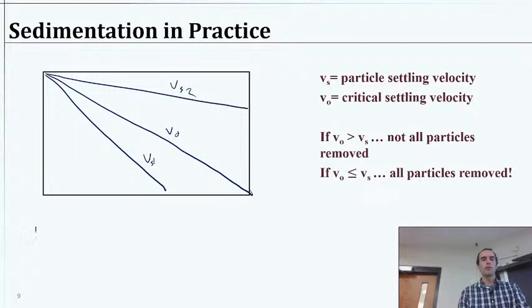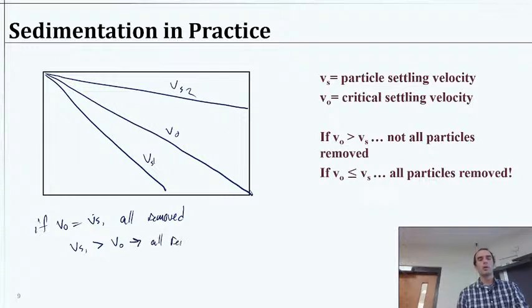So if V naught equals Vs, all removed. And then we could say since Vs1 is faster than V naught, we then also have all removed. And since Vs2 is less than V naught, we would say not all of them are removed.